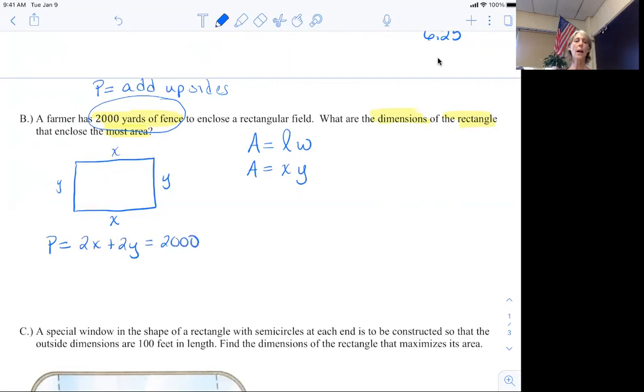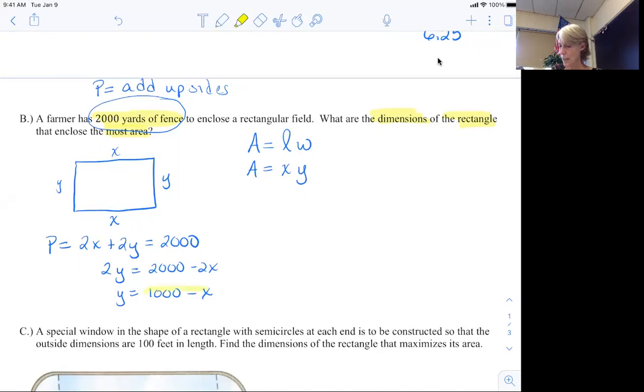Now at this point, I want to solve this secondary equation for y, take that and substitute it into my other equation. 2y is going to equal 200 minus 2x. y is going to equal 100 minus x.